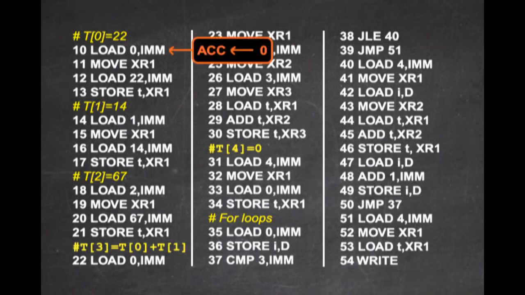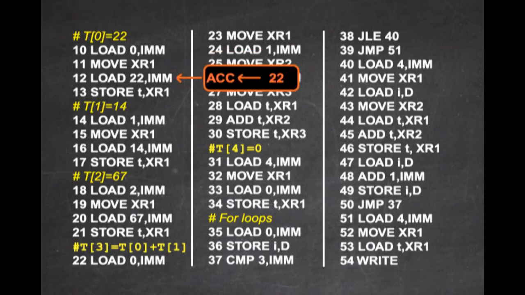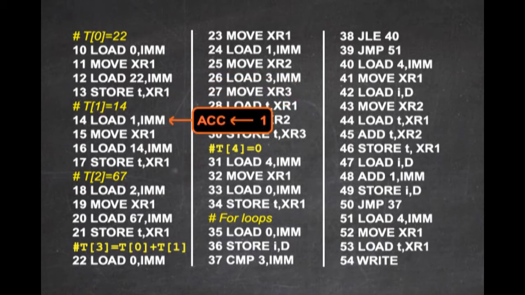Accumulator is loaded by 0. Index register index 1 is loaded by 0. Accumulator is loaded by 22. Array item with index equals 0 is loaded by 22. Accumulator is loaded by 1. Index register index 1 is loaded by 1.